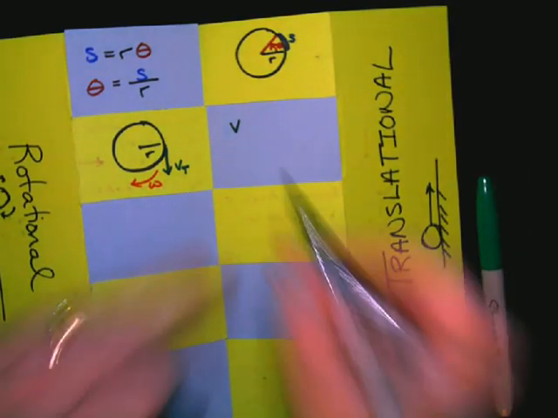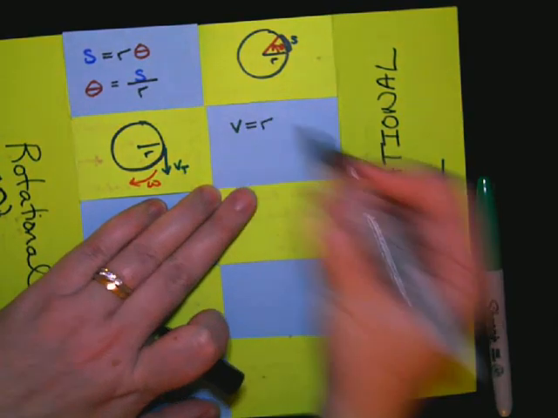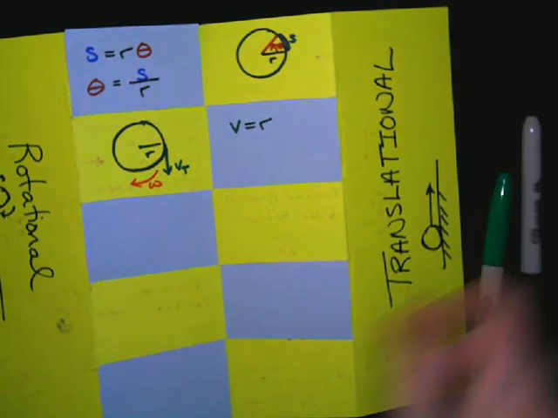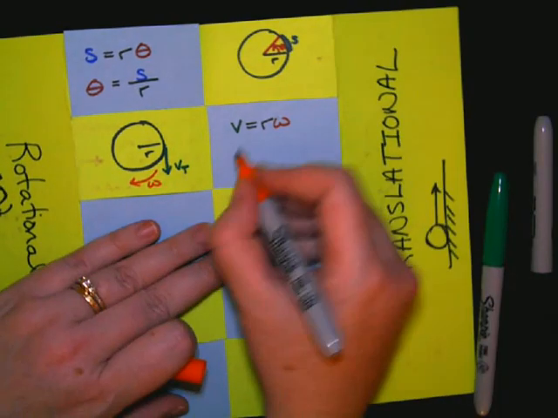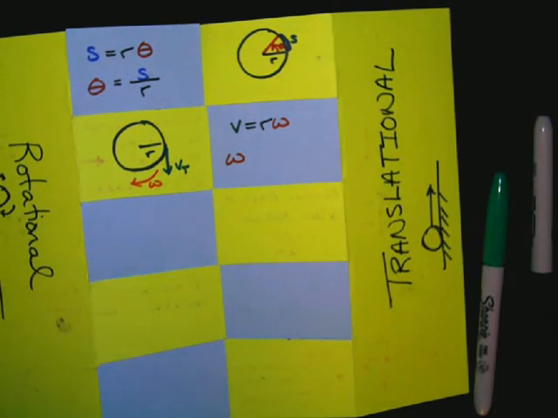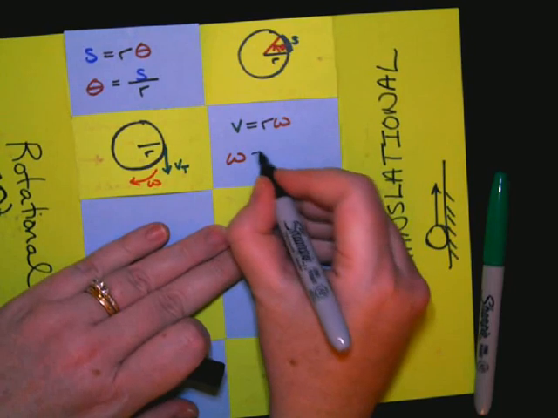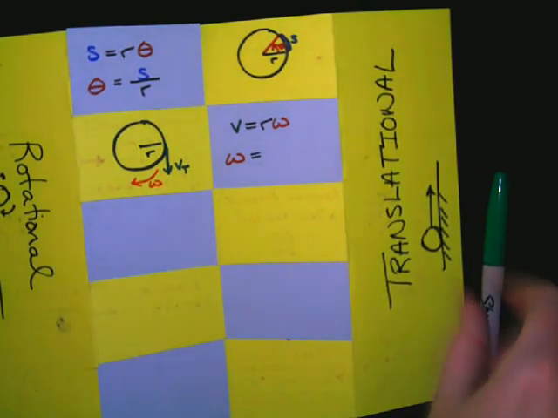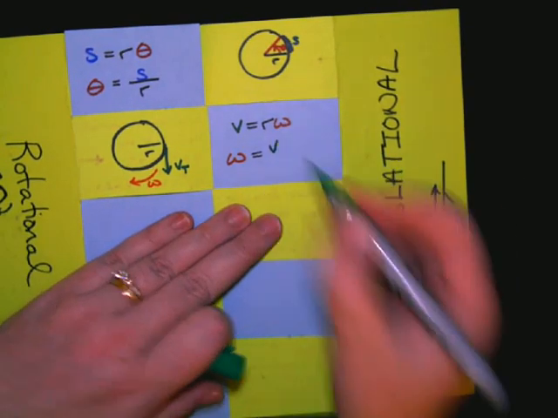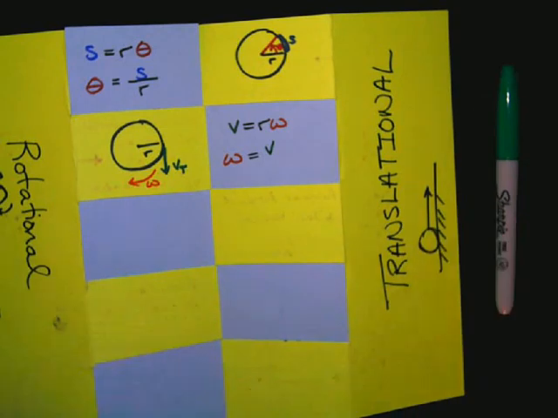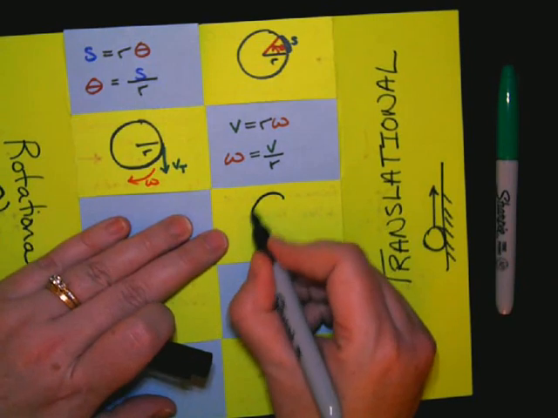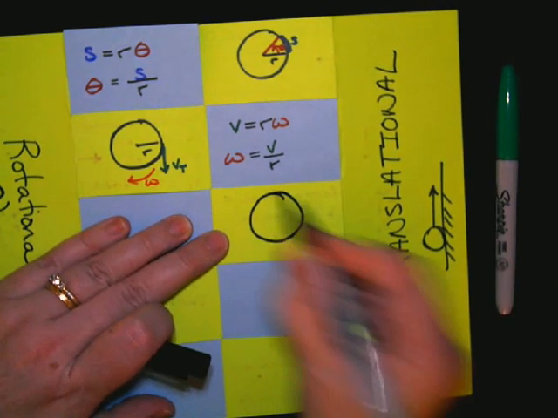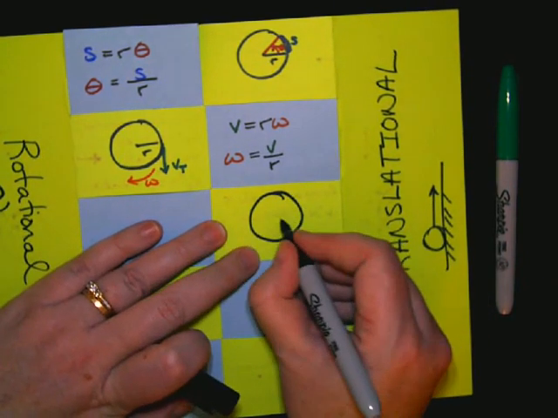So v equals r times the angular velocity omega, or we can get to omega by taking velocity and dividing by r. And so that's our nice little connection point. So it's how we can get from rotational to translational. So this page is about making those connections and being able to move from one side of my discussion foldable to the other. So this is my link between them.